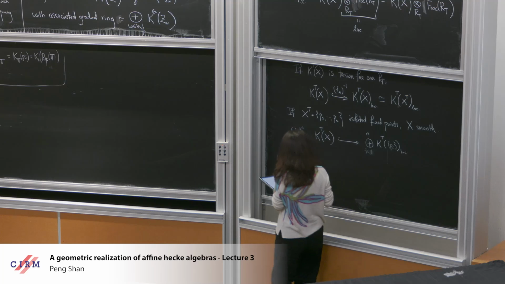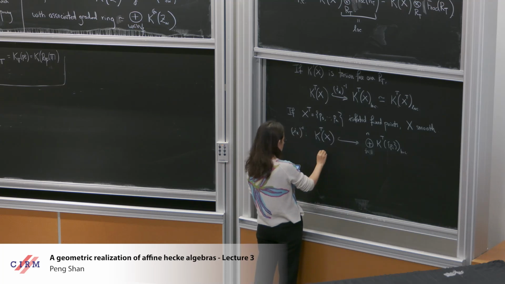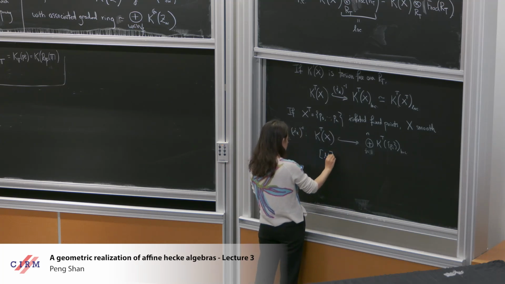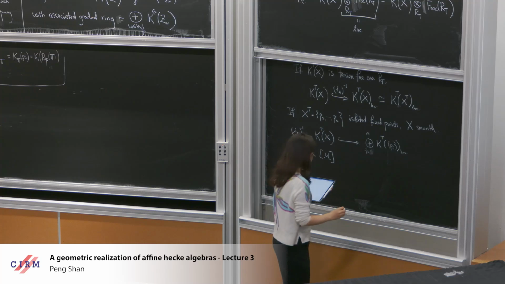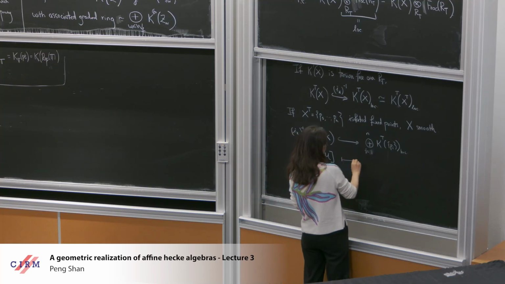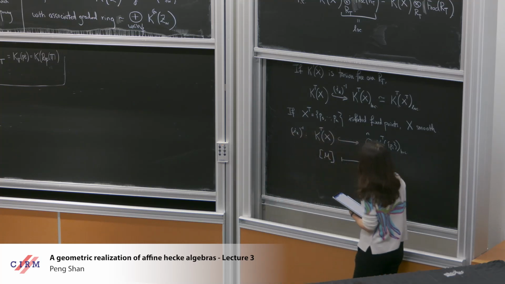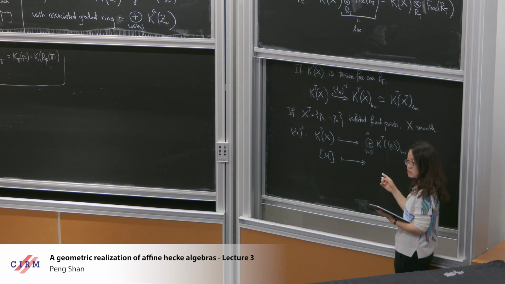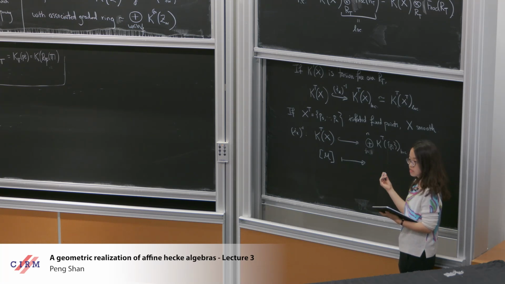And now if you have a class of a sheaf here, what is the image under this map? This is the place where you use the Thom isomorphism we discussed yesterday.